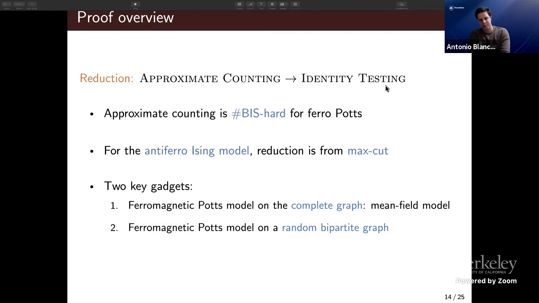When we prove the hardness for the antiferromagnetic Ising model, we do a reduction from max cut. We use the tester to solve the max cut problem, which is a hard problem, so you get NP-hardness for identity testing.